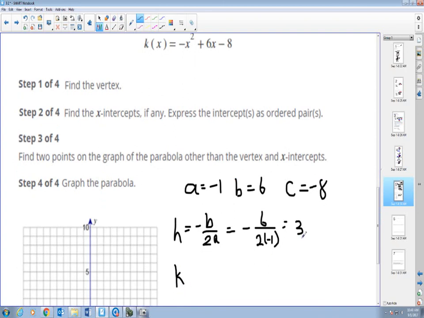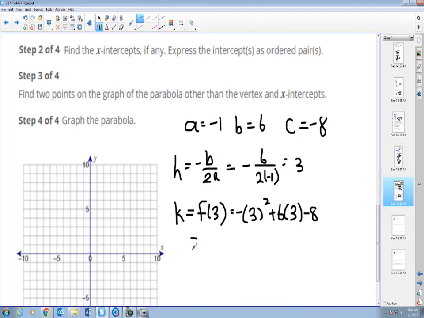Alright, so I substitute my 3 back into the function to get my k, the y value of the vertex. If I plug it in, that'll be negative parenthesis 3 squared plus 6x, which is 6 times 3, minus 8.